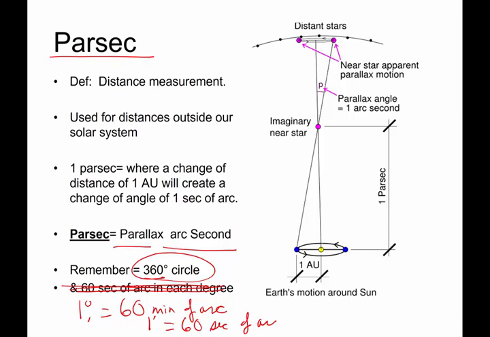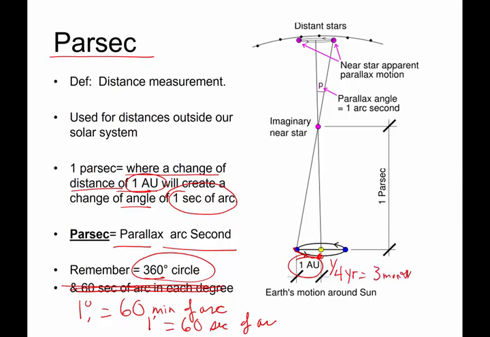How this works is this. A parsec is defined as the change of distance that occurs when something moves 1 astronomical unit and the angle at which it's seen changes by 1 arc second. So 1 astronomical unit means how far the Earth has moved in 1/4 of a year. 1/4 of a year is 3 months.